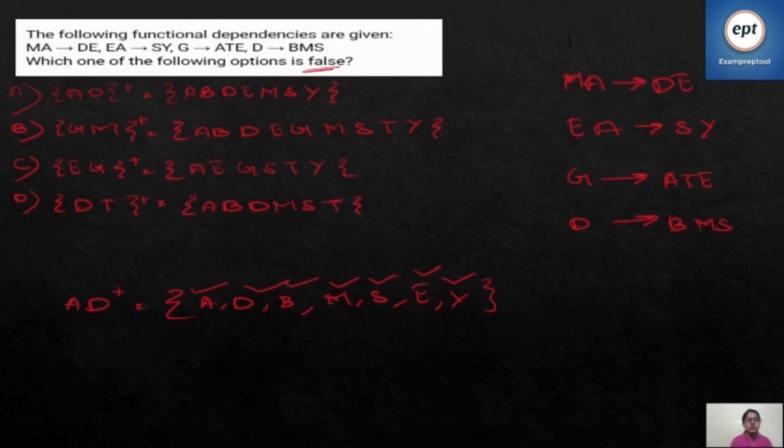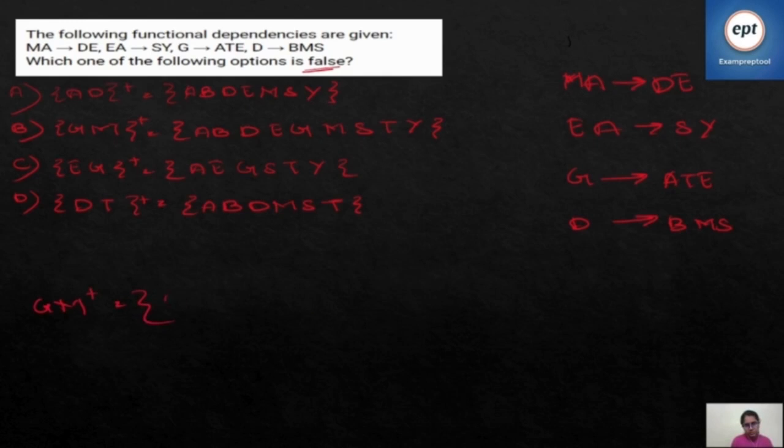Now let's check option B. Likewise, let's check the attribute closure of GM. G and M will already be there.